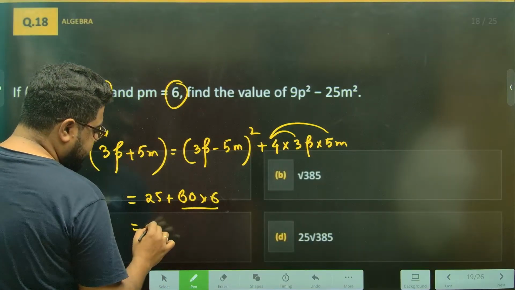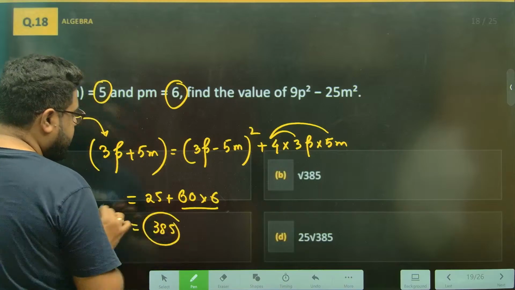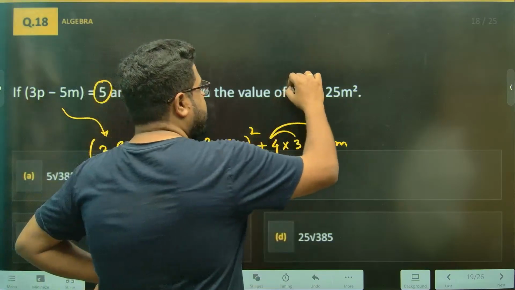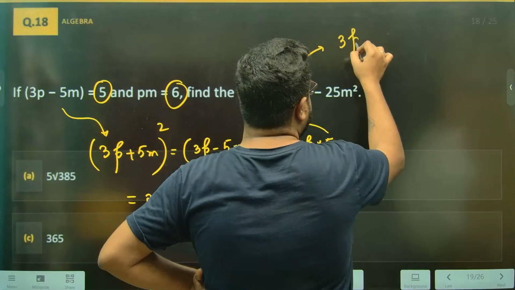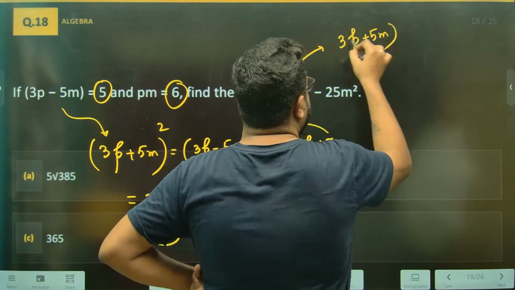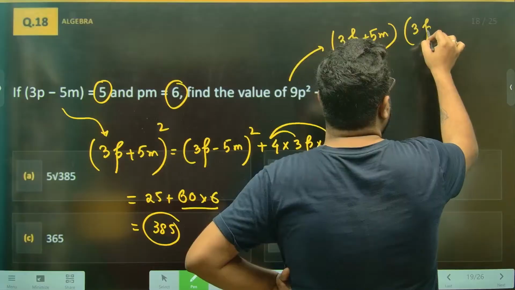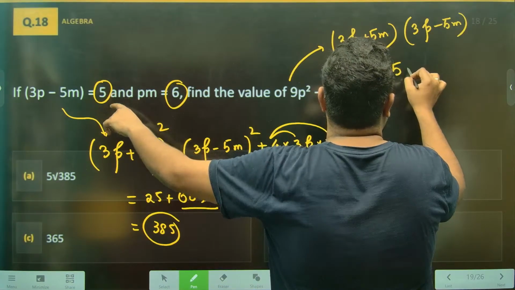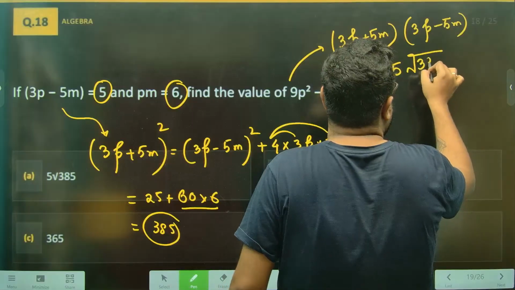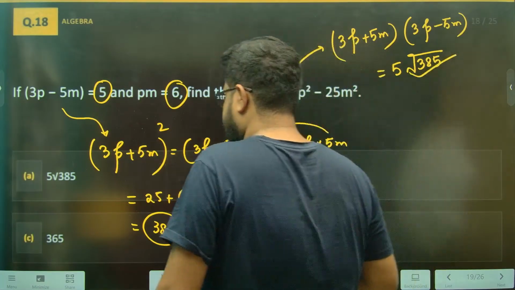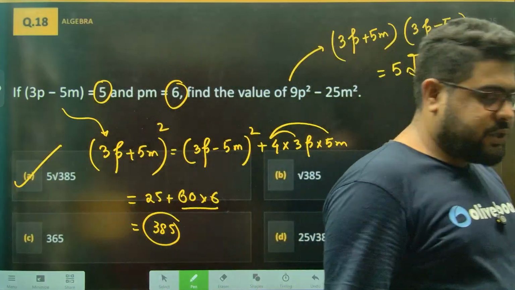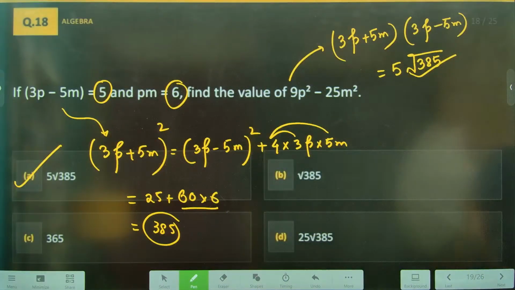So this is 360, 385, sir. This is square, sir. So this one I can write as 3p plus 5m into 3p minus 5m. 3p plus 5m is this, into 5, so this will be root 385. So option number A itself is 100% your correct answer. Very simple stuff.